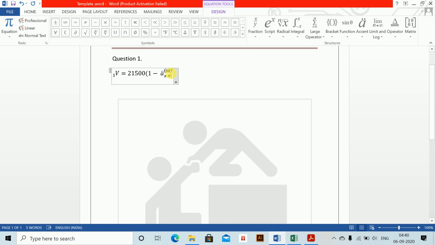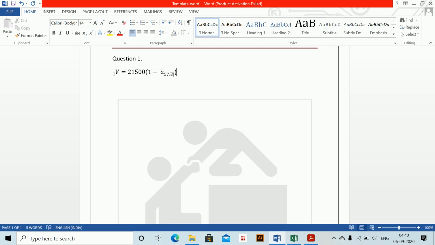So I haven't yet saved, so control, this is your 57 and 3. AM92 ultimate is there, and sorry, just copy this portion. 1 minus this, right, control V, A due 56:4.